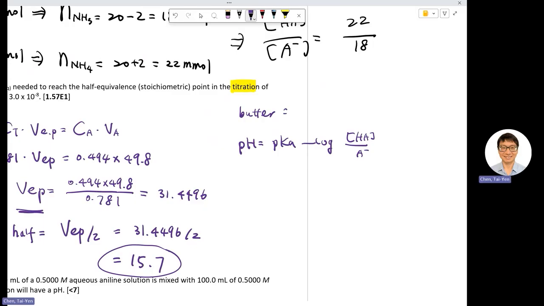That means half of your weak acid will be consumed, and it produces the same amount of its conjugate base, right? So the ratio of weak acid over conjugate base will be 1:1. Since the ratio is 1:1, the negative log of 1 is going to give you a value of 0. So the pH will simply equal your pKa. At the half equivalence point, pH equals pKa.